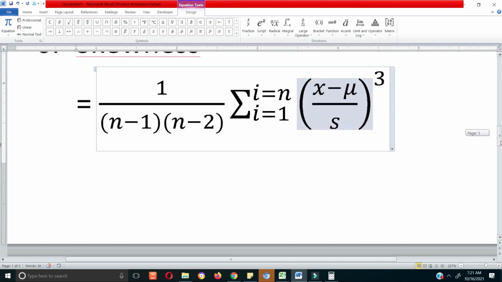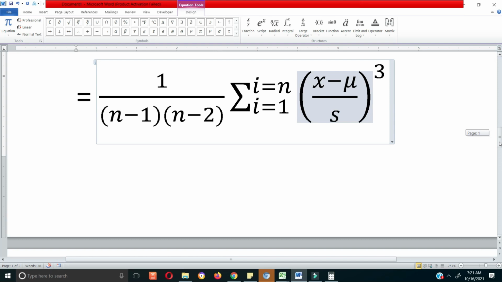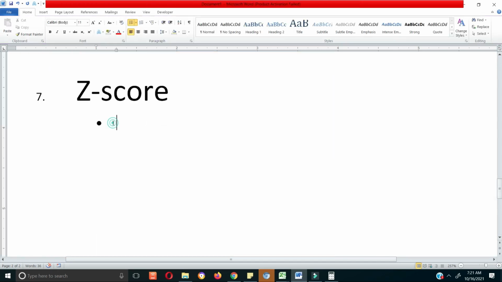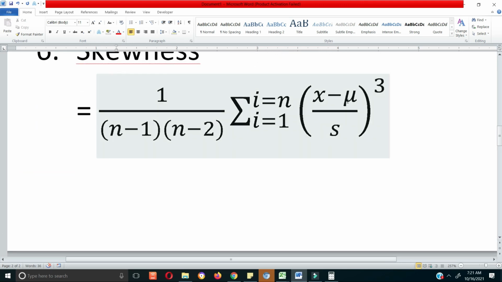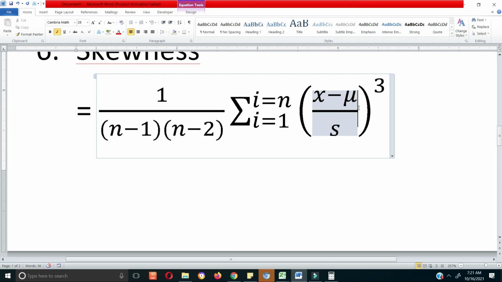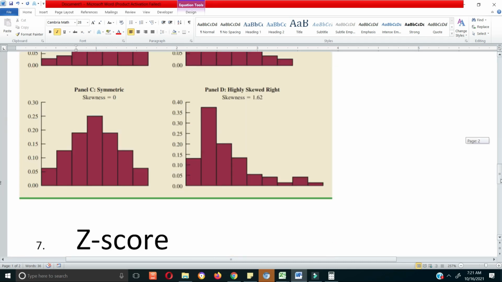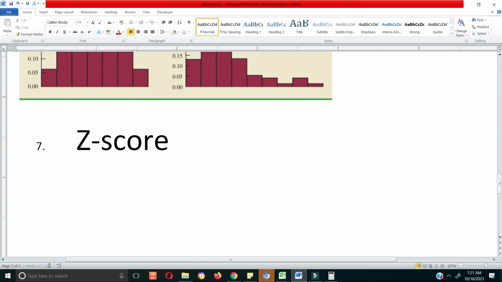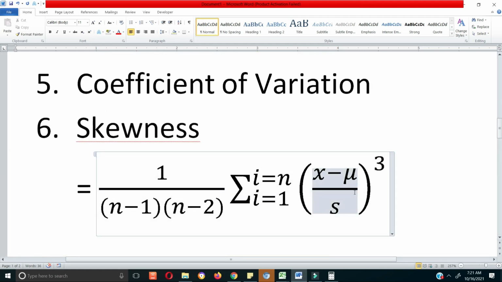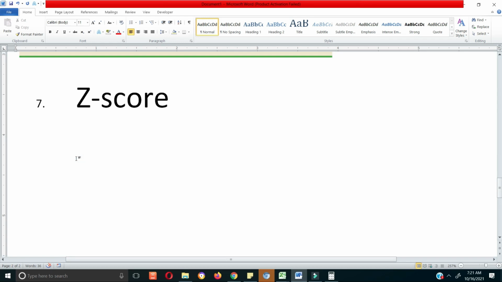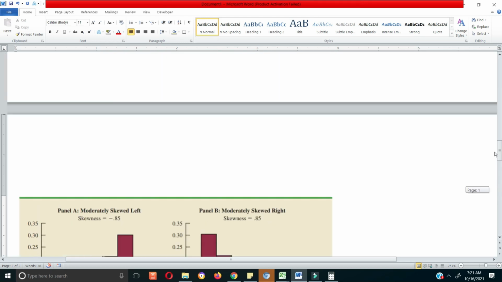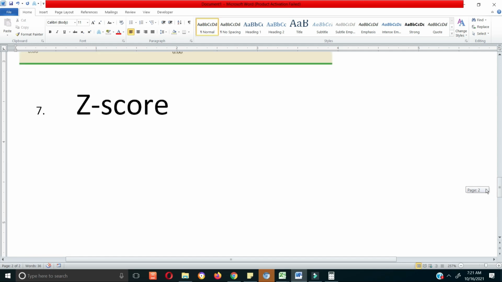This x minus mu over the sample standard deviation. Let me just talk about the z-score. The z-score, I've already told you, is this value here, x minus mu over the sample standard deviation. You don't really need to know this formula, but if you wanted to know where you get these values from for the skewness... Okay, let me just write it again here.